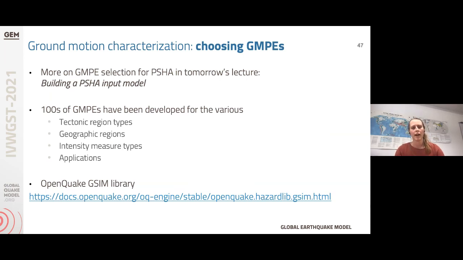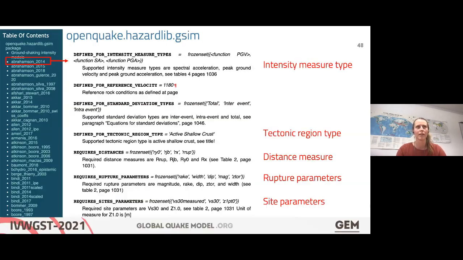We won't cover how GMPEs are selected for PSHA until tomorrow's lecture, but to give you a preview, there are hundreds of GMPEs that have been developed for numerous different reasons, for different tectonic region types, different geographic regions, different intensity measure types, different scientific applications. And we'll look to the OpenQuake GSIM library to see an example of this.